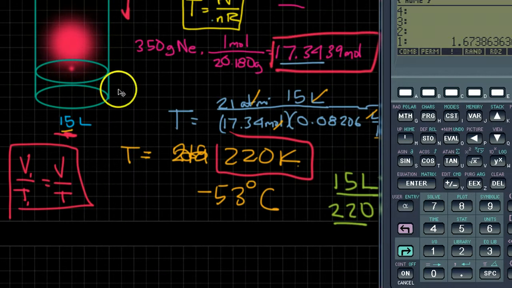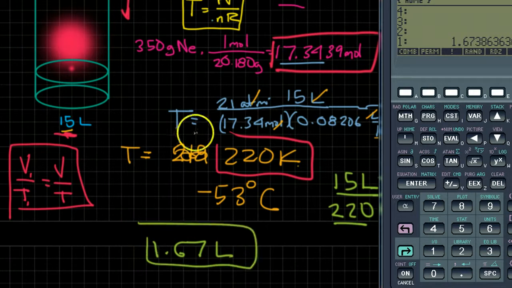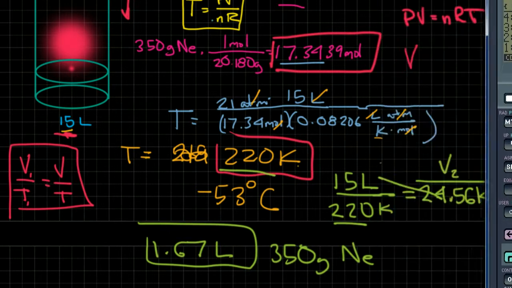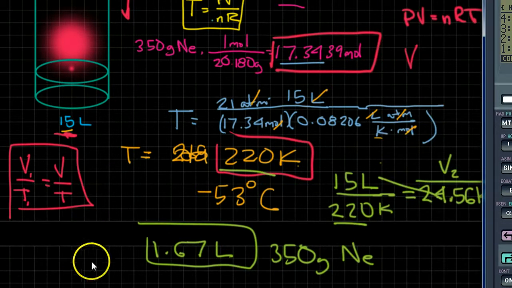Anyway, my final volume would be 1.67 liters for 350 grams of neon, starting out at 220 Kelvin, to get it down to be solid neon.